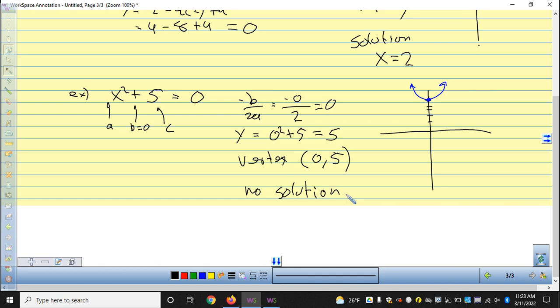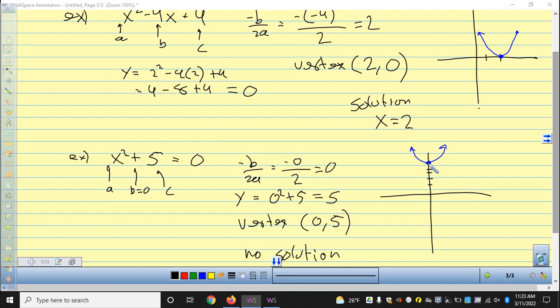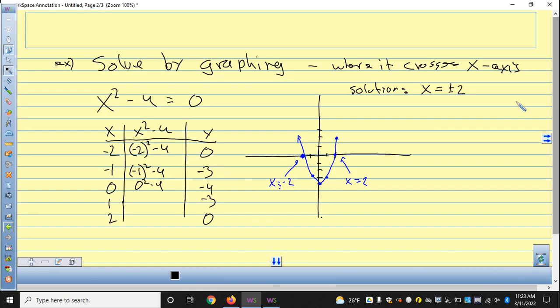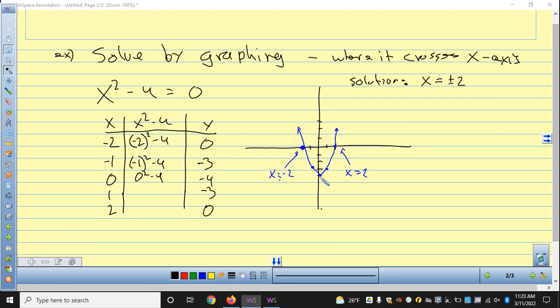For all of these, the domain would be all real numbers. And for this one, the range would be y is greater than or equal to 5. This one, the range would be y greater than or equal to 0. And if I go back here, the range would be y is greater than or equal to negative 4.